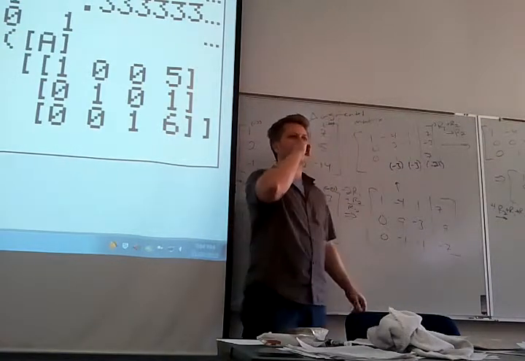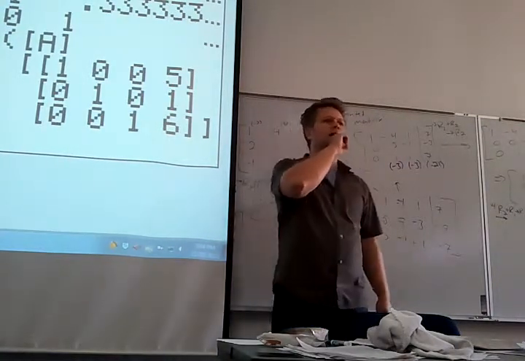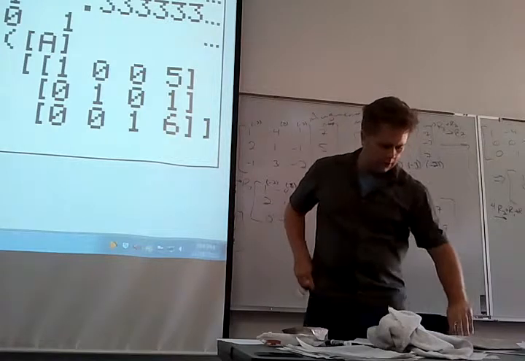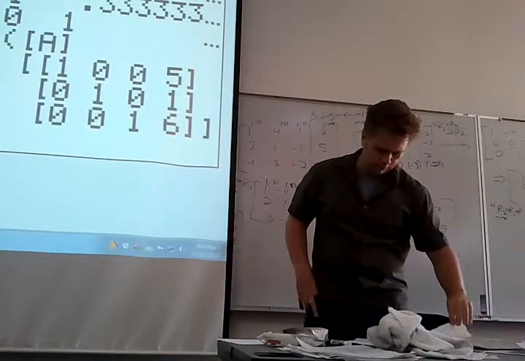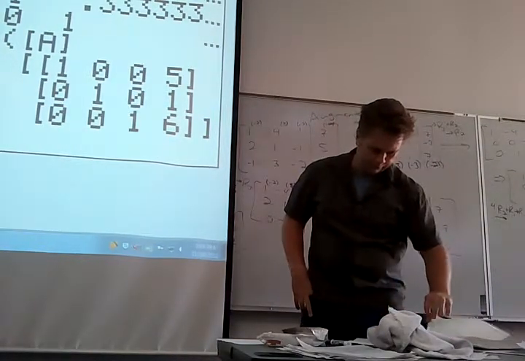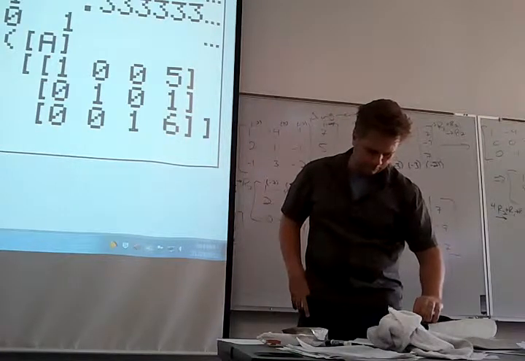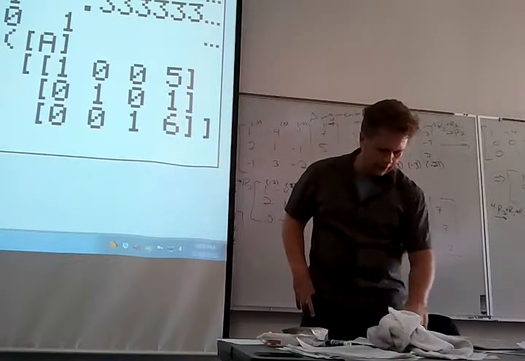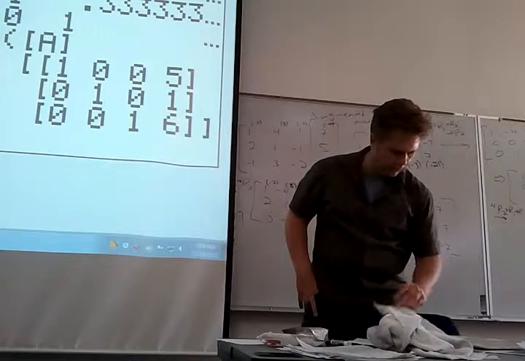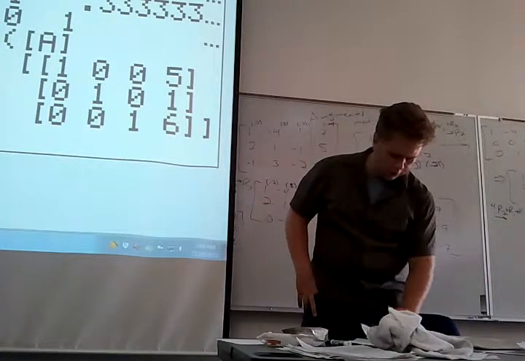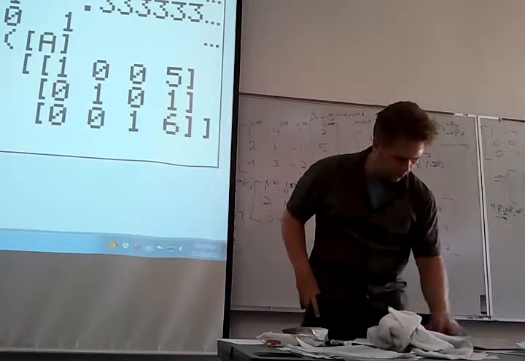Yeah. Does the book stop at RAF or does it keep going? No, the book keeps going all the way through? I think they do. Yeah, they do. They have Gaussian elimination, and then they have what should be called Gauss-Jordan elimination. There it is.